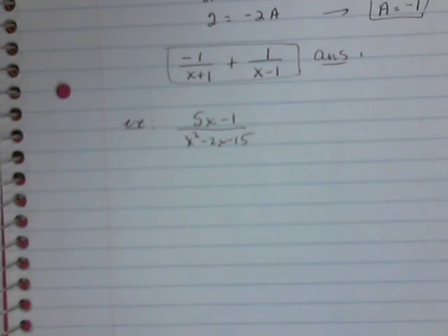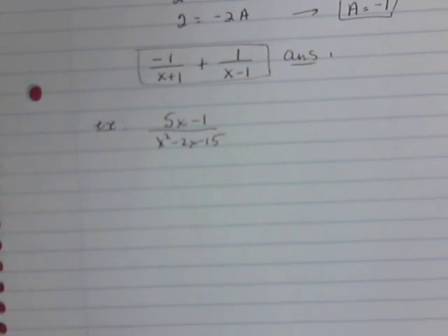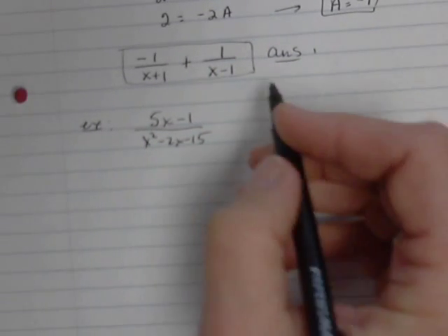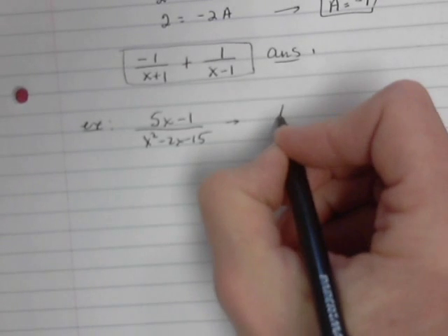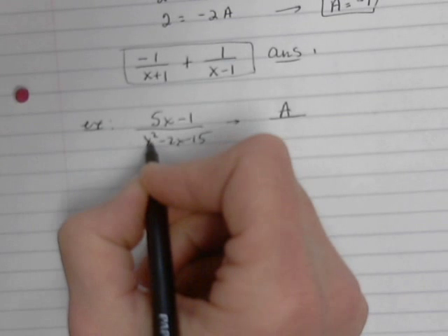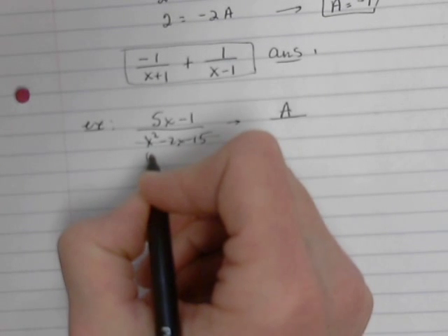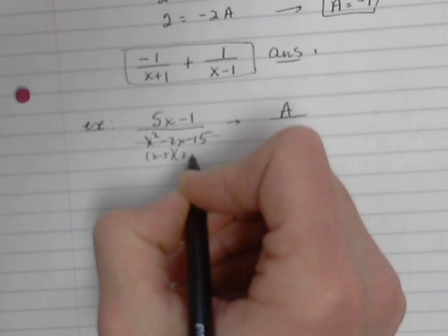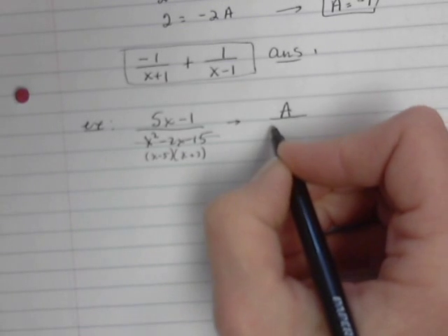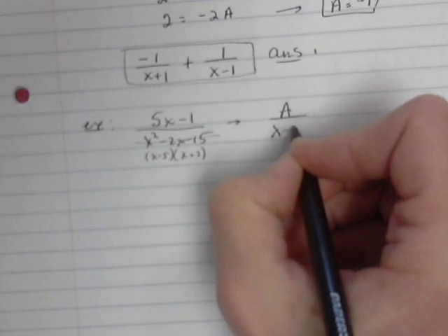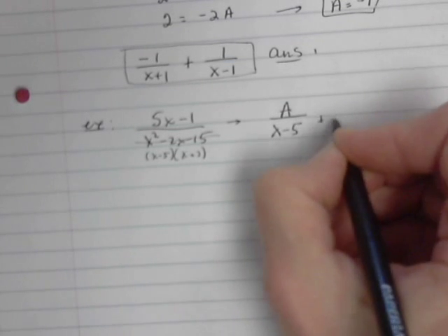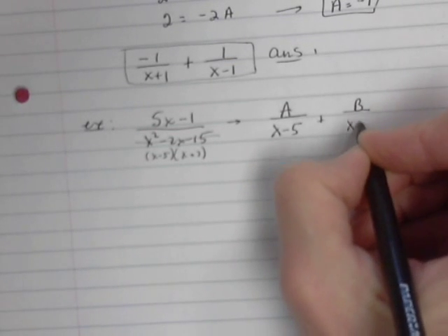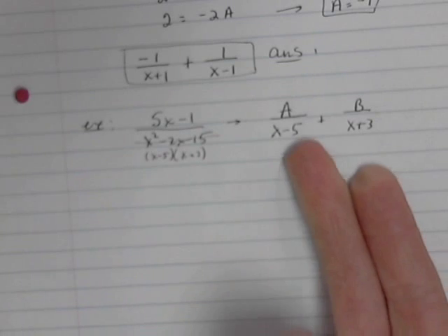And our instructions are to find the partial fraction decomposition of that. Step 1 says we have to factor this, and this factored is x minus 5 times x plus 3. So we put the a over the x minus 5, we put the b over the x plus 3, and it doesn't have to go in this order, of course.